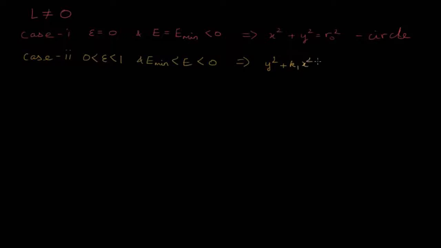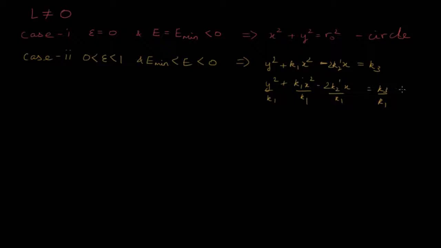I'll just call that k1 x square minus k2 x equals k3. So we got three constants over here. I'll tidy this a bit. So y square plus k1 x square, this could just as well be 2 k2 dash, so minus 2 k2 dash x, and we just divide this whole thing by k1 by k1 by k1 equals k3 by k1.